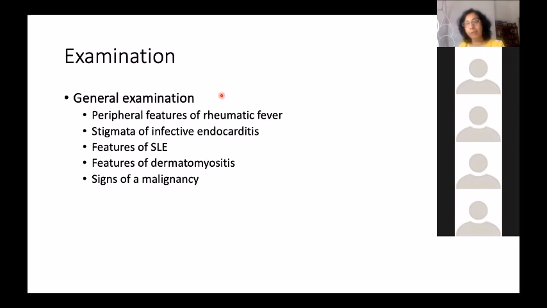I hope you all have heard about the Gottron papules, nail bed vasculitis, and the heliotrope rash over the upper eyelids, right? So you need to look for those things in your general examination. And finally, you need to look for features of malignancy like palatal petechiae and bone tenderness as well. So that's about the general examination.